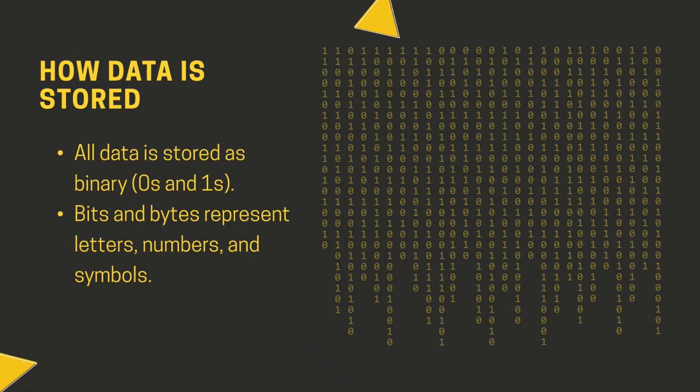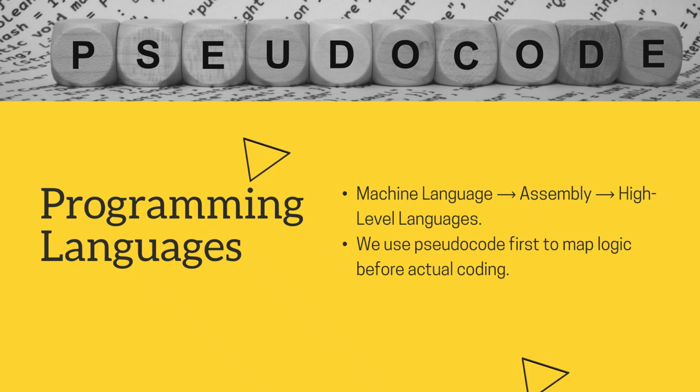Each byte represents a number or a letter or some other piece of information. So when you save a document or download a video, it's being encoded into binary that the computer knows how to process. Early programmers had to write in machine language, pure binary code.